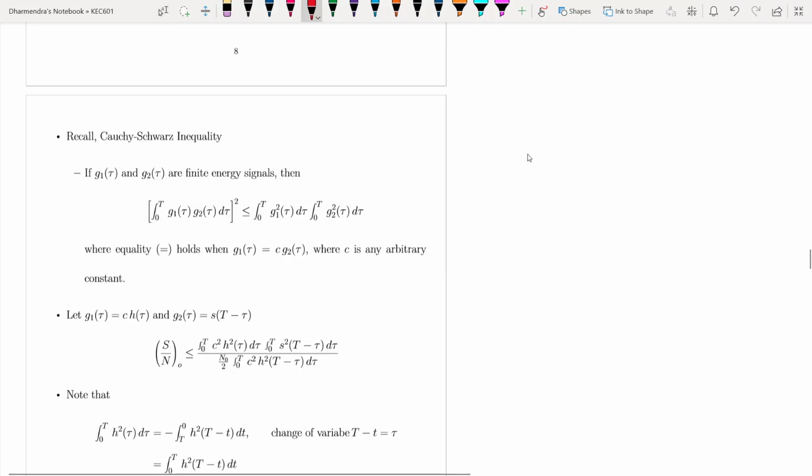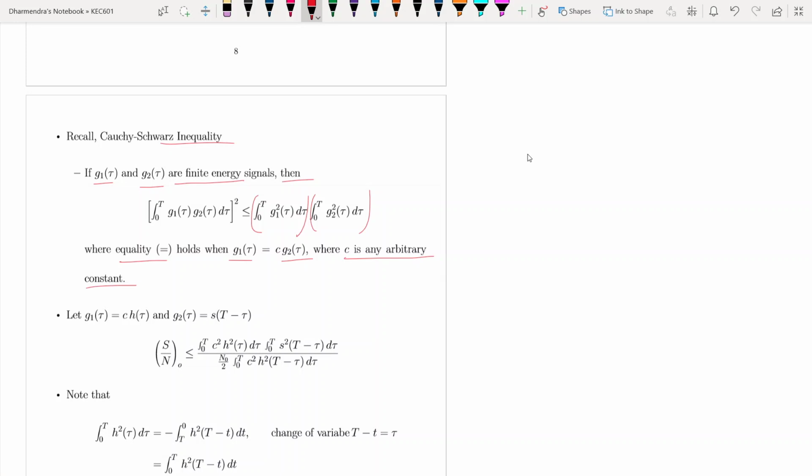Now recall the Cauchy-Schwarz inequality. If G1 of tau and G2 of tau are finite energy signals, then the square of the integral from 0 to capital T of G1 of tau into G2 of tau dtau is less than or equal to the integral of the square of G1 of tau from 0 to T, multiplied by the integral of the square of G2 of tau from 0 to T. Equality holds when G1 of tau is C times G2 of tau, where C is an arbitrary constant.